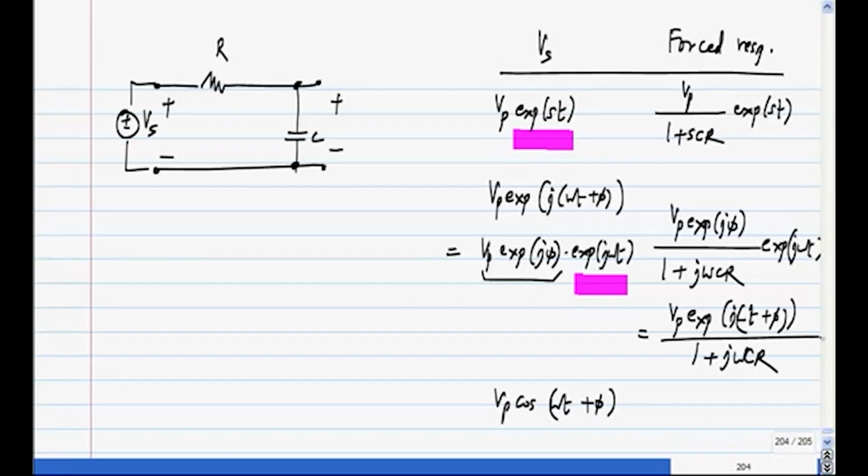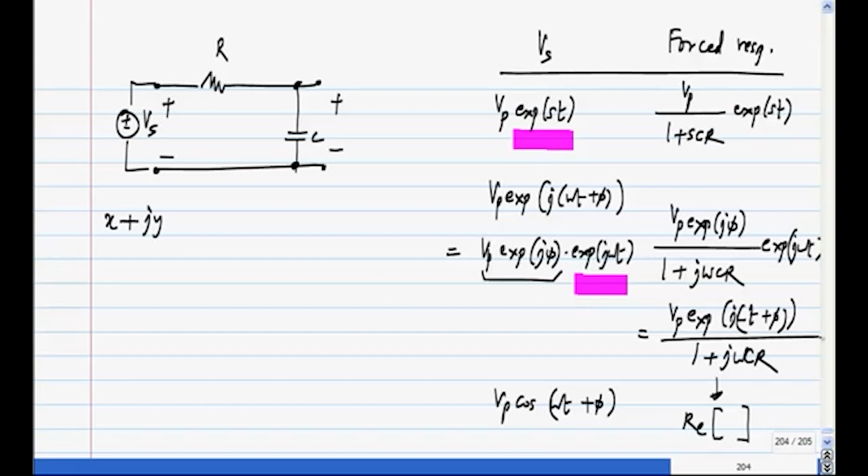And finally, for Vp cos(omega t plus phi), what is the response? The real part of this. And what is that? There are many ways to do it. First of all, assume you are already pretty comfortable with calculations involving complex numbers. There are two forms of complex numbers.